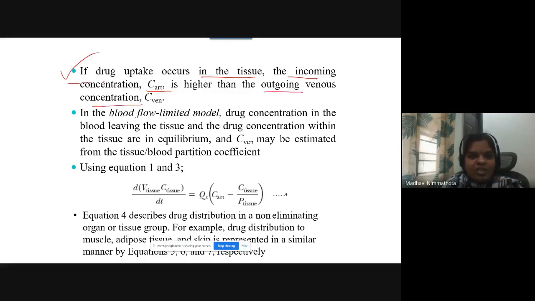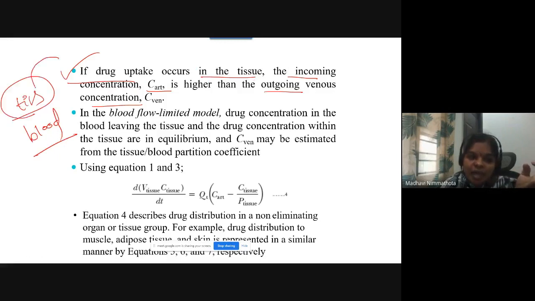What is the meaning of this sentence exactly? If your drug is being taken up within the tissue, so here you have a tissue and you have blood, right? The drug will be taken up by this tissue. Definitely the artery concentration is more than that of the vein concentration. So in the blood flow limited model, the drug concentration in the blood leaving the tissue and the drug concentration within the tissue are in equilibrium.